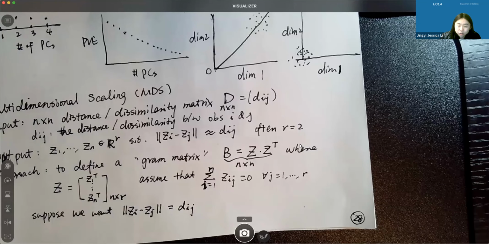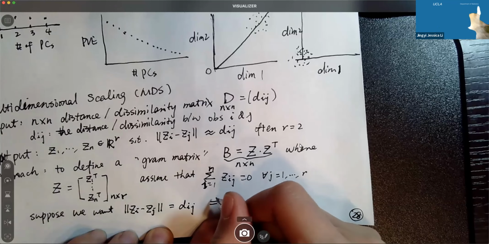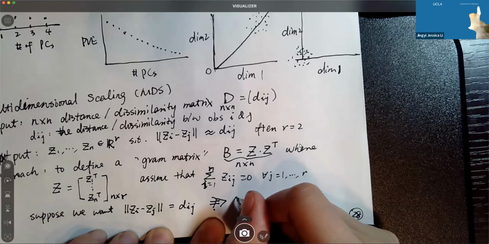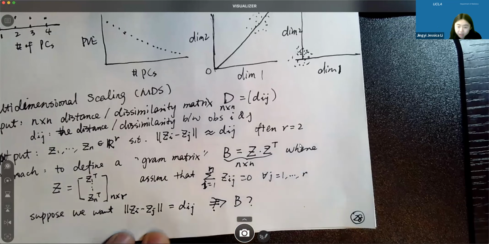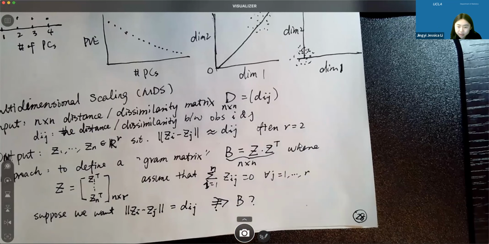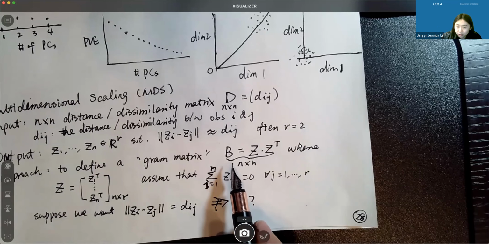Then we want to find B. So the question is, how can we find B? If we can find the B matrix, then we are basically done. Given this B matrix, we can just do eigen decomposition to find Z.